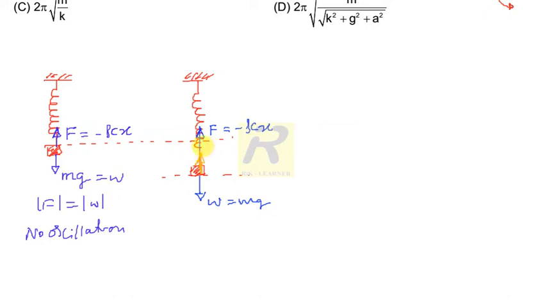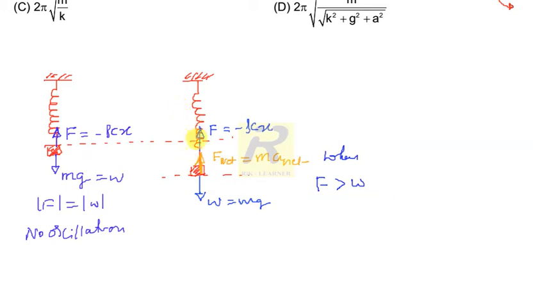It moves with some net force, which equals m into a net, the net acceleration. This is true when the upward force, the restoring force, is more than the weight. As soon as we release it, the block will rise up.